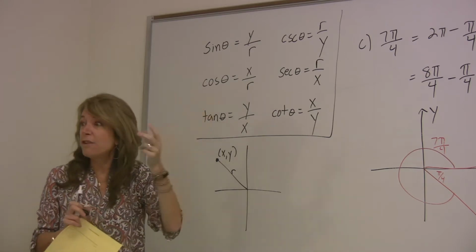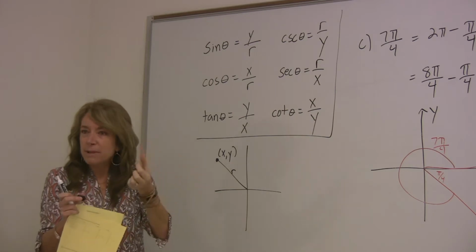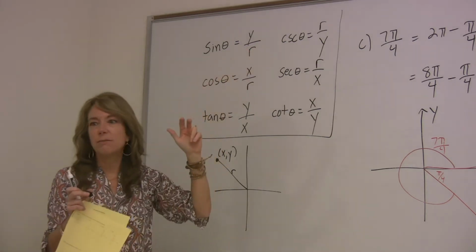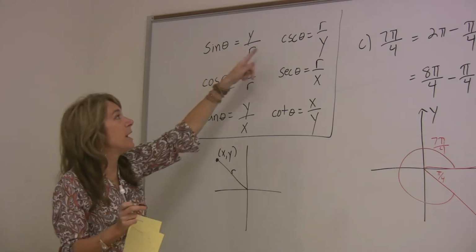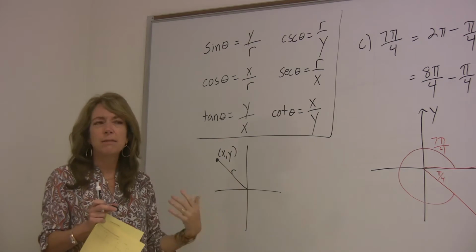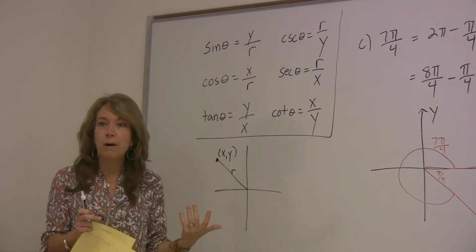Whatever tricks you need to remember certain relationships, take that trick and run with it. To me, it's, oh, I'm looking for the opposite, which is really the reciprocal, which means I better have the opposite letter. So I don't really totally have cosecant memorized as the r over the y.